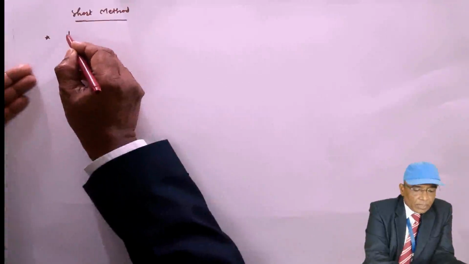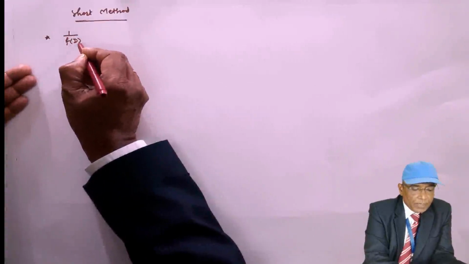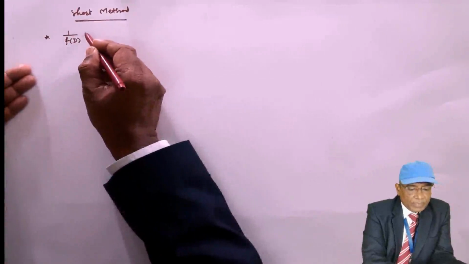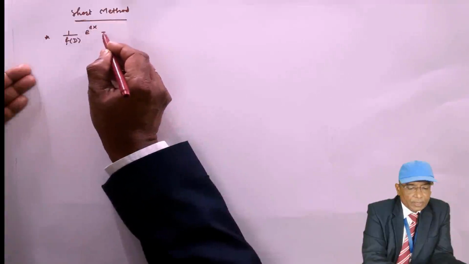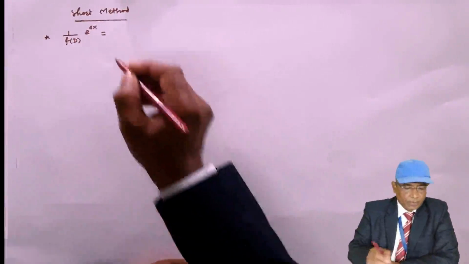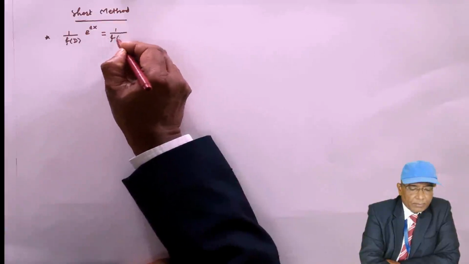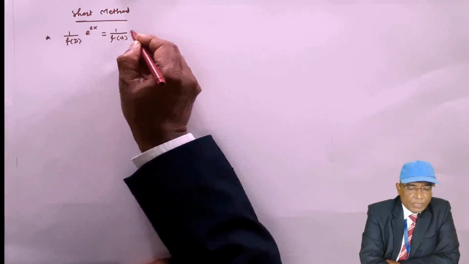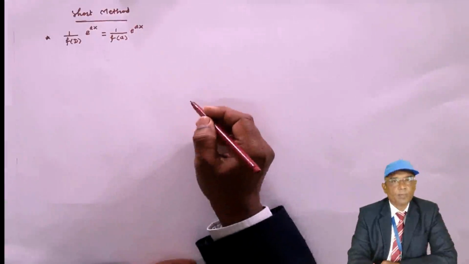See, in the first case, I am operating the 1 by f of d operator on e to the power ax. So how to operate the operator? Replace d by a directly. In this way the operator will be operated.